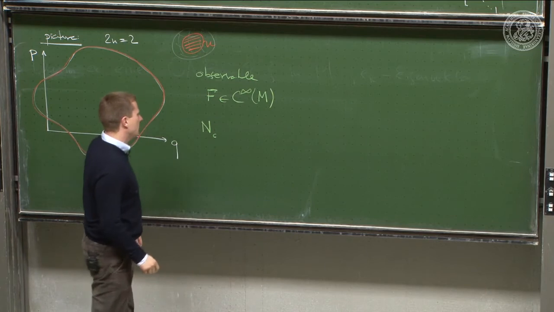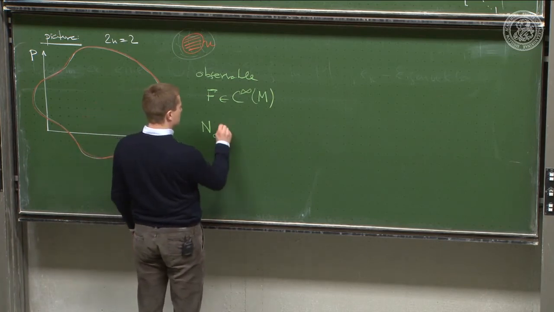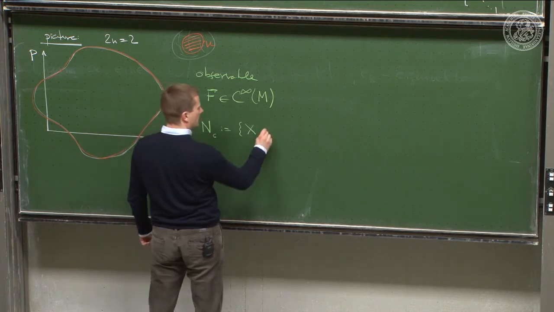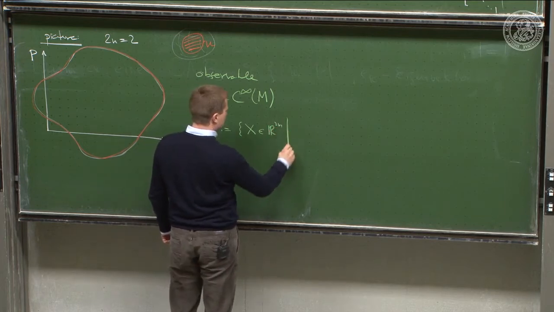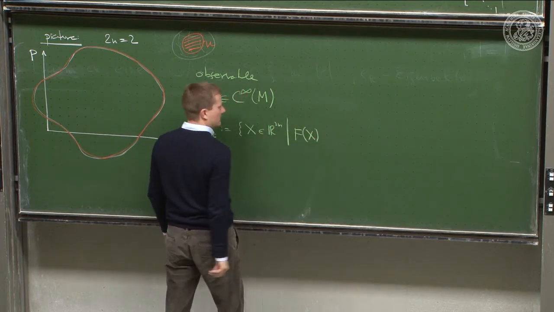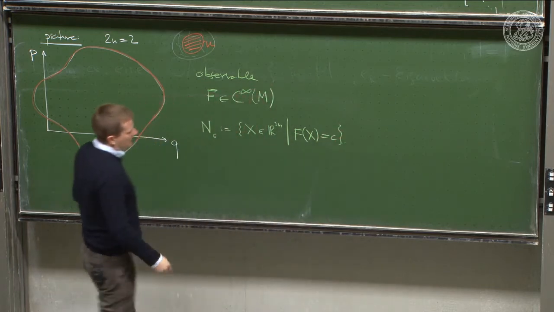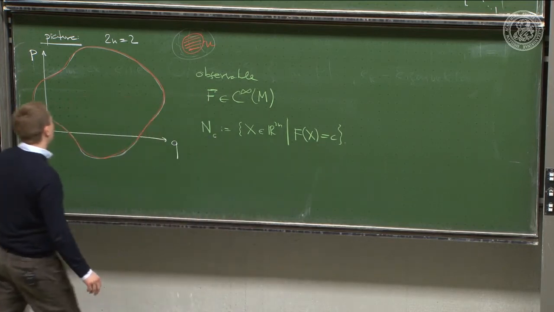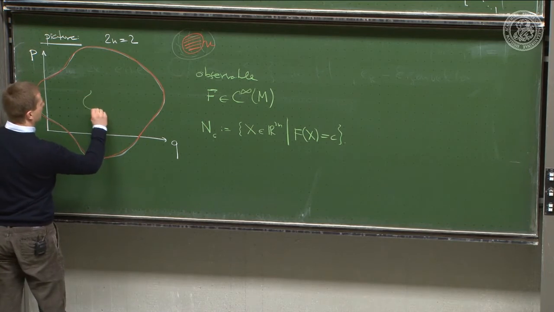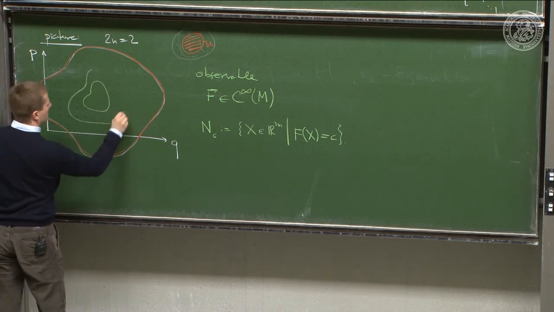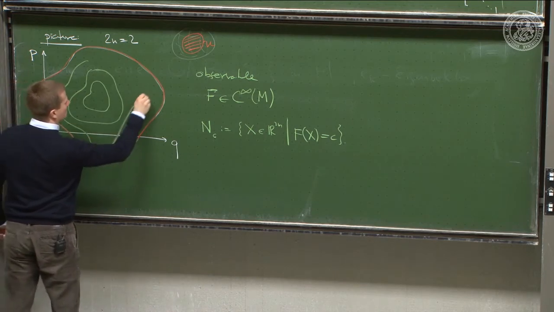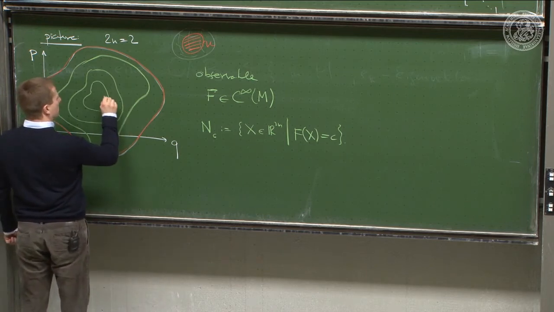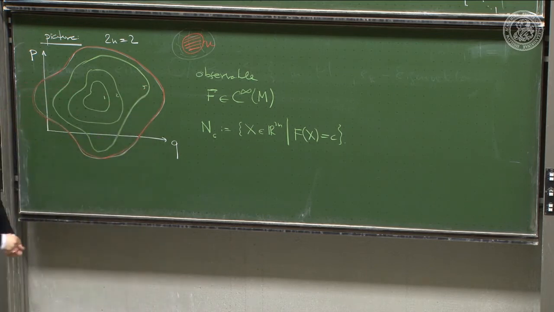I can ask for any real number c, what are all the points X in R^2n such that F, well, in these coordinates in this chart, has constant value c. And for instance, the F could have level sets like this. That could be the level sets. And let's say this is 1, this is 2, this is 5, something like that.